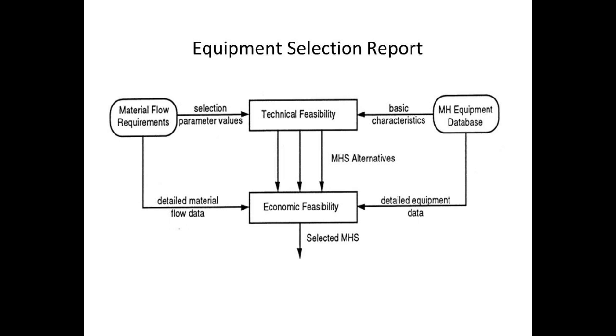Then you go to the material handling equipment database, because I have talked about standardized equipment, not very customized ones. First go to the standardized one. So you go to the database of the equipment, and the material you want to deal with will enable you to develop the technical feasibility of your material handling system.